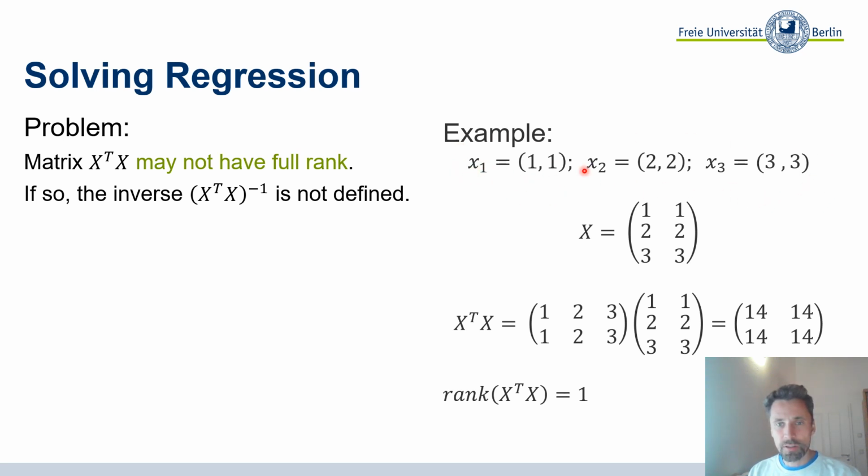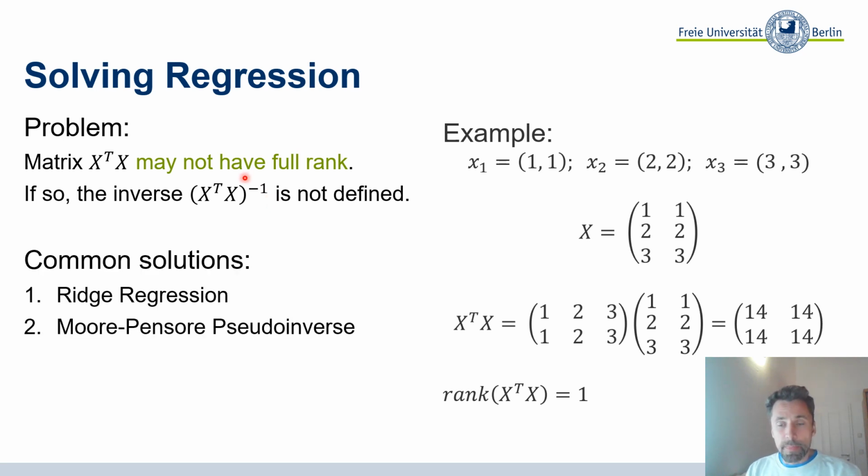Consider these three x's and the corresponding data matrix capital X. Now x transpose x will be this constant matrix, and obviously it has rank 1, so we are having a hard time inverting it. There are two common solutions, and we'll look at them in the next couple of slides. One is ridge regression, and one is the famous pseudo-inverse.